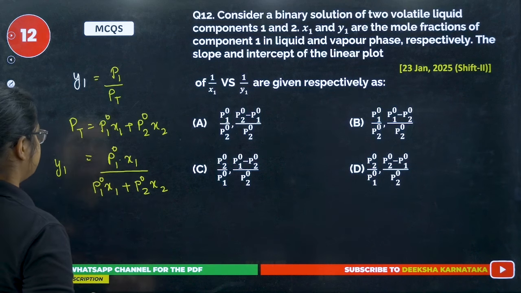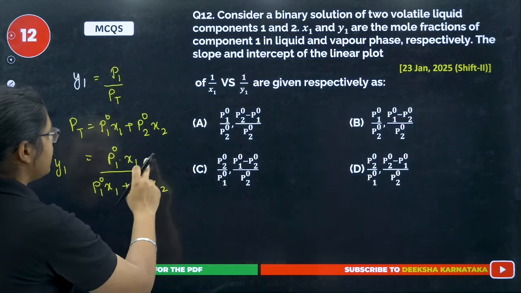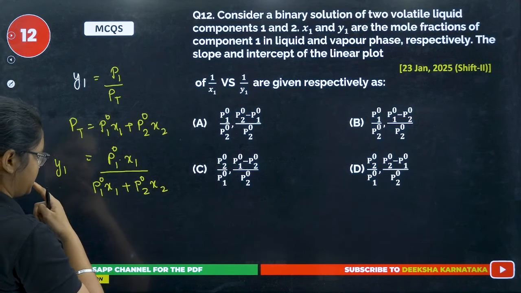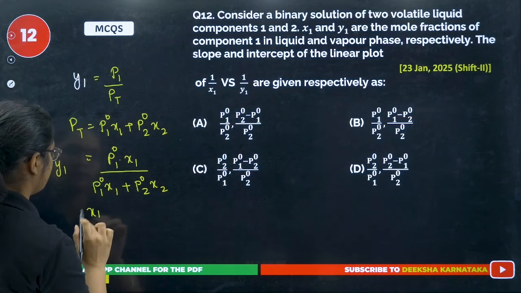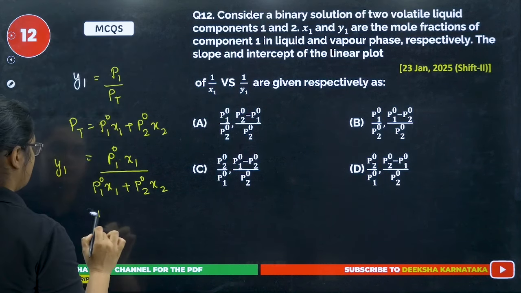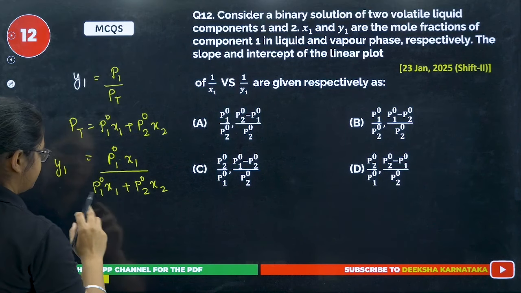Now I just have to see what equation I need. So I need 1 by x1 versus 1 by y1. So I will take this x1 this side and y1 this side. I'll cross multiply this equation basically.